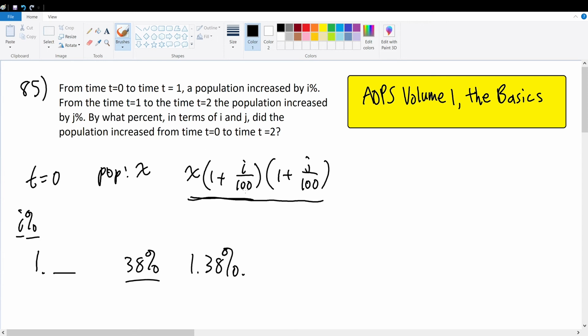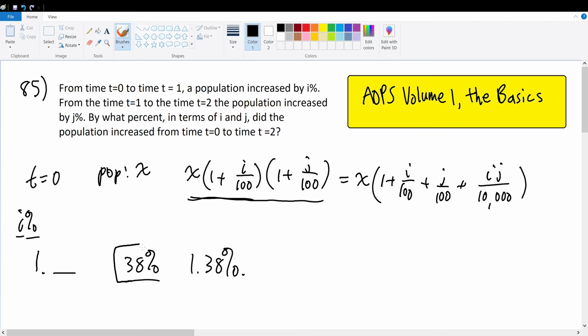Well, let us first expand this product. Expanding this, which I already pre-did, will be x times (1 plus I over 100 plus J over 100 plus IJ over 10,000). And we want to find by what percent the population increased. Remember what I just told you: if I want a 38% increase, that will be represented by 1.38, so the increase is 0.38, because I took out the percentage.